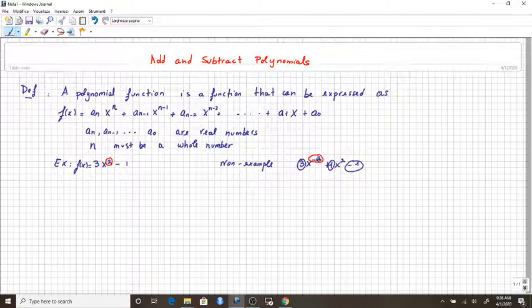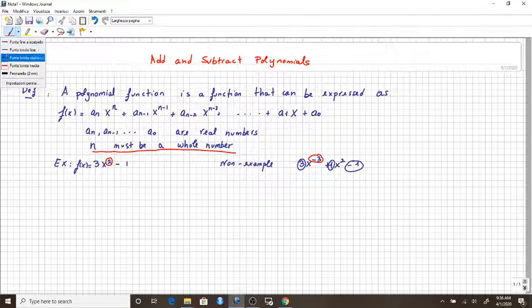We cannot have a negative exponent. So when I say that n must be a whole number, it means something that must be positive, okay? So it cannot be negative. We can have a 0 as exponent, but we cannot have a negative exponent like in this case, okay? So on the right hand side, we have x to the power of negative 3, so this is not a polynomial function, okay?